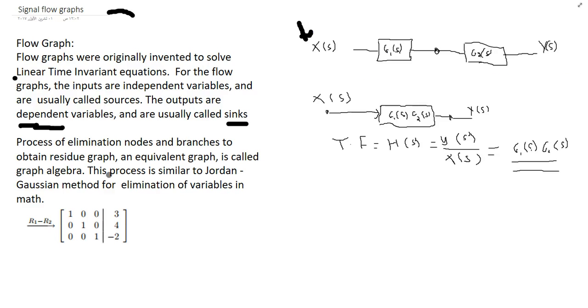Now, the process of eliminating nodes and branches to obtain a residue graph, an equivalent graph, is called graph algebra.